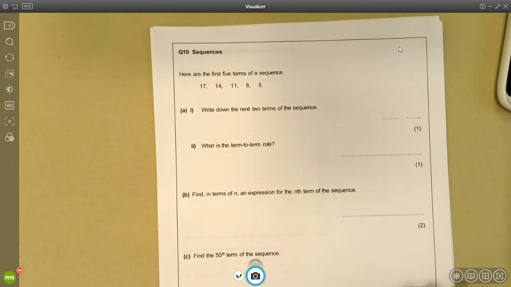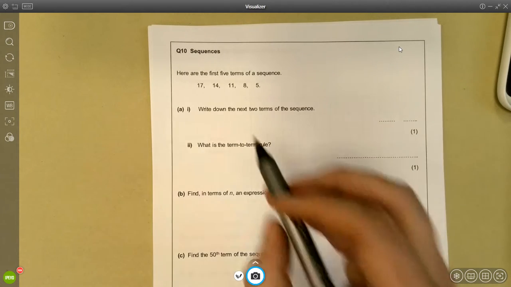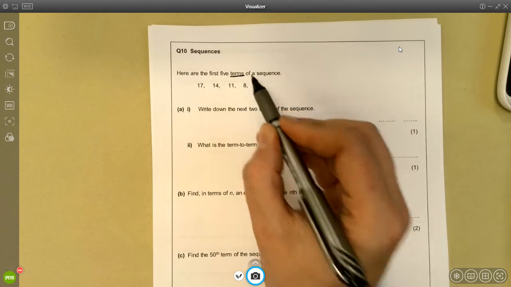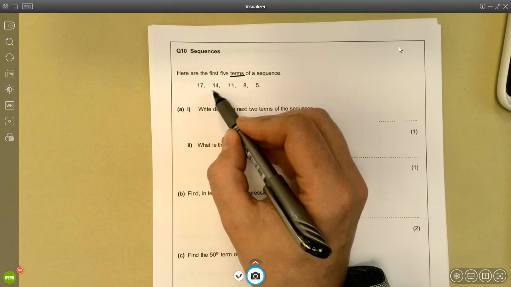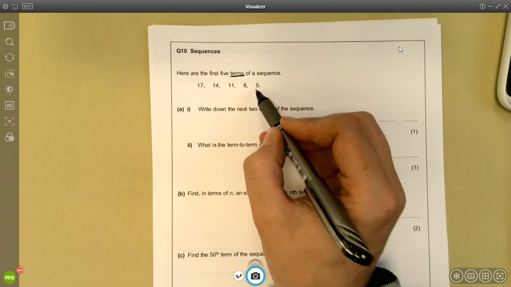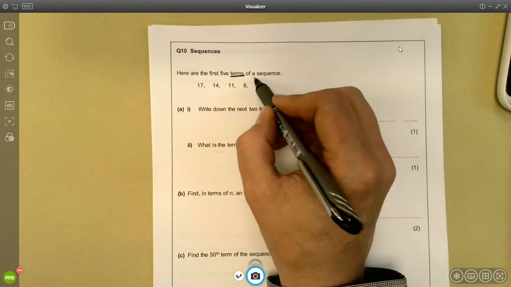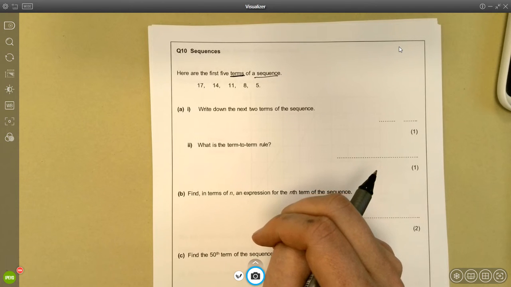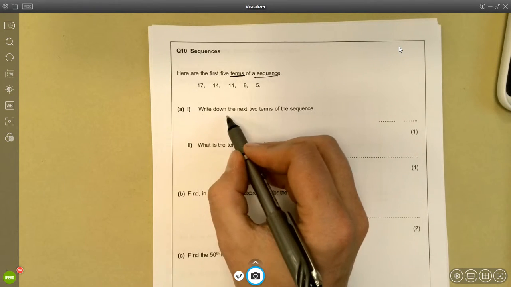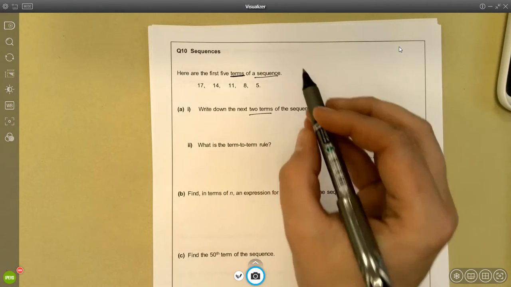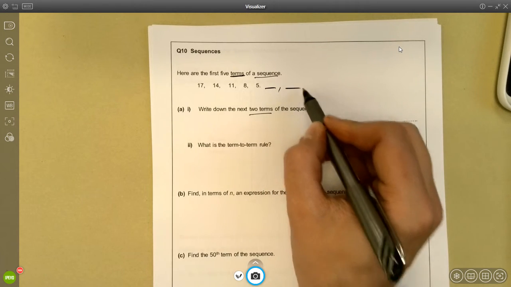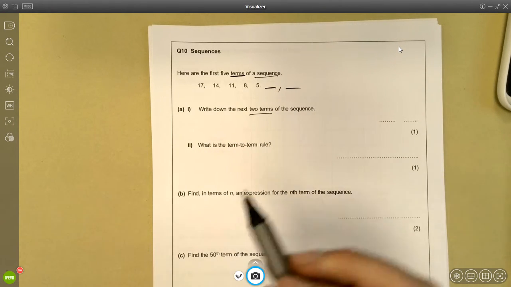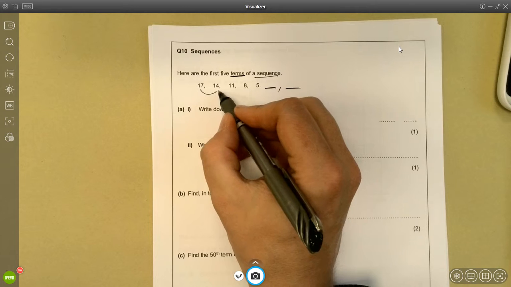Question 10. Okay, so we've got the first 5 terms. Terms are, that's the first term, second term, third term, fourth term, fifth term. A sequence, well, it follows a pattern, doesn't it? And it just says write down the next 2 terms of the sequence. So basically, what are the next 2 that come after those? Well, let's think what the pattern is.